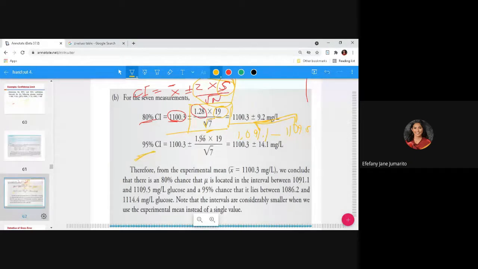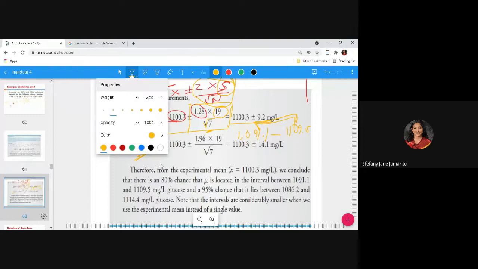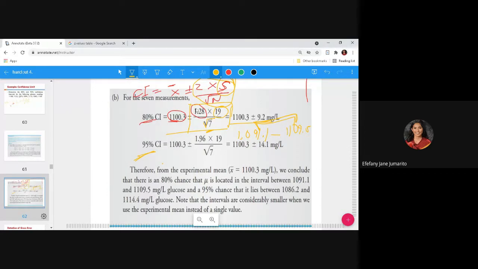Now, kung mag 95% ka, if we have 95% CI, confidence interval, the Z value for our 95 is 1.96. I will give you the table on this one. If I ask you to calculate at 95%, at 90% confidence limit, I will give you the Z value.